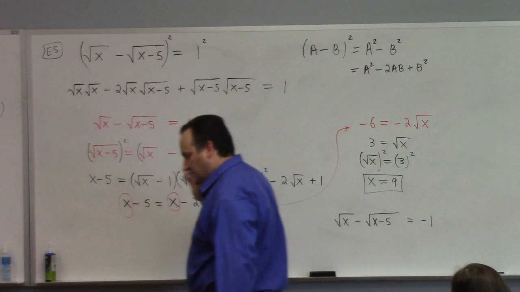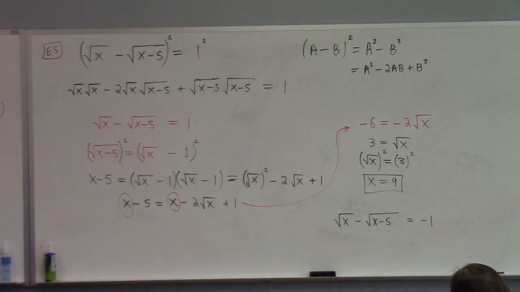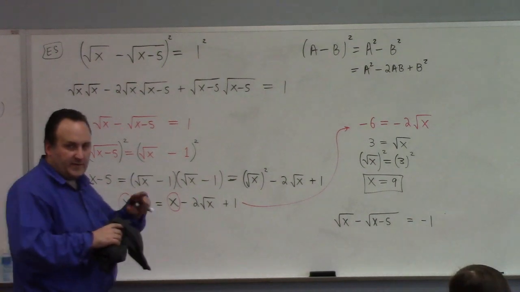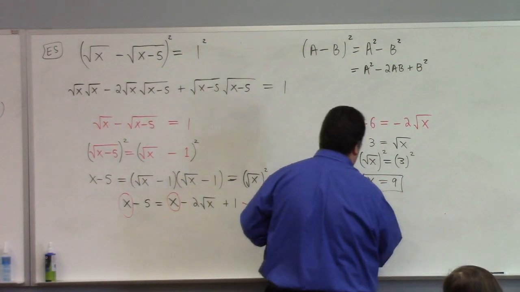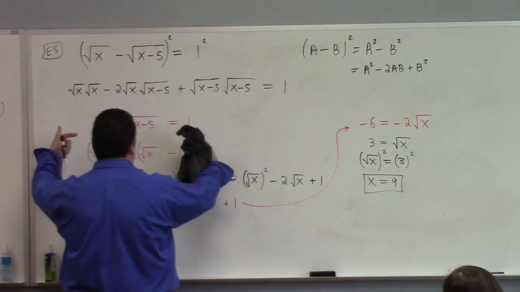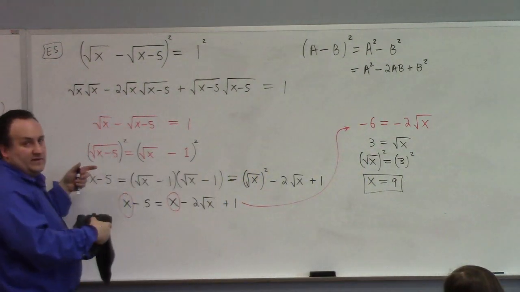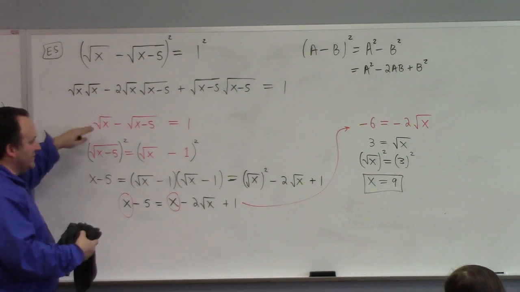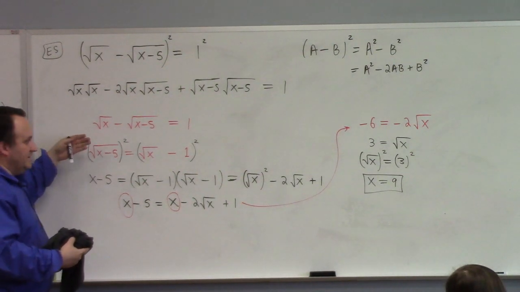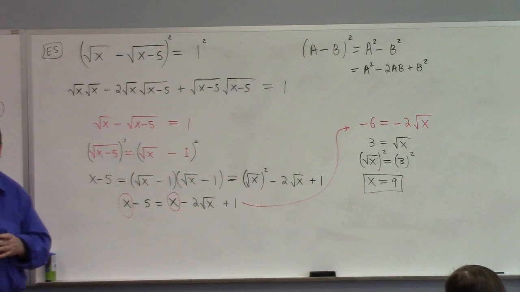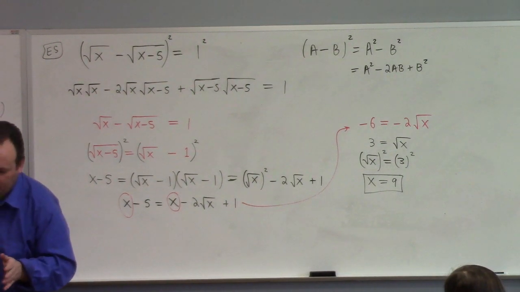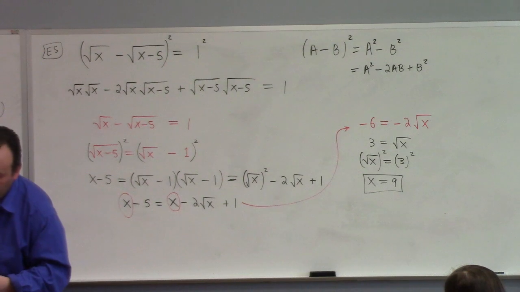What I'm trying to say is it's conceivable in this kind of problem that there could be no solution. It could happen. Maybe the next one I pick will be like that.